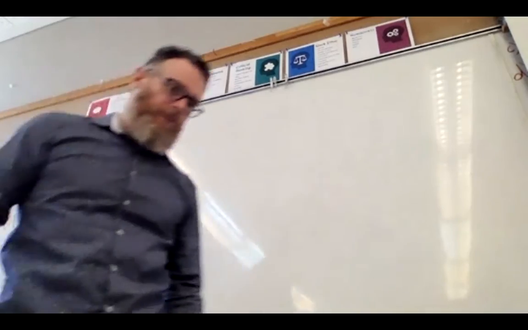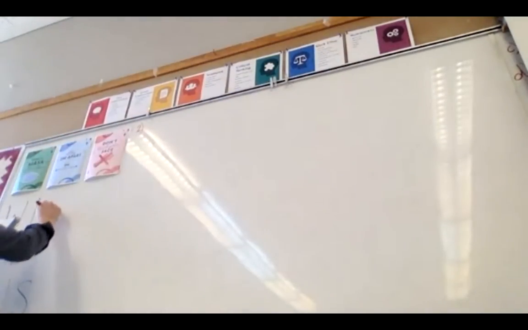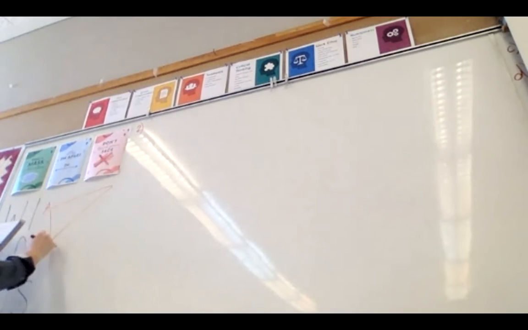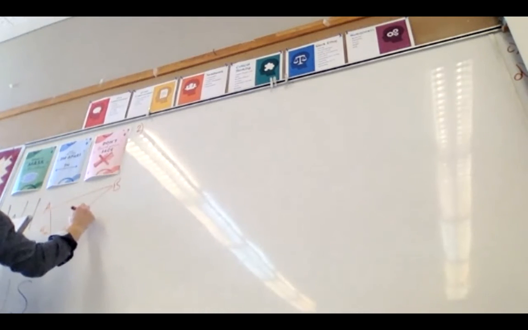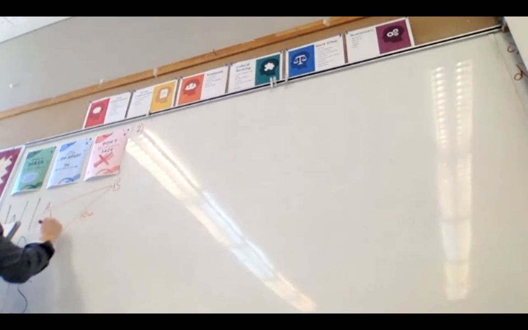Numero dos. A triangle that looks something like this. A, B, C, 4, 10, 130 degrees.